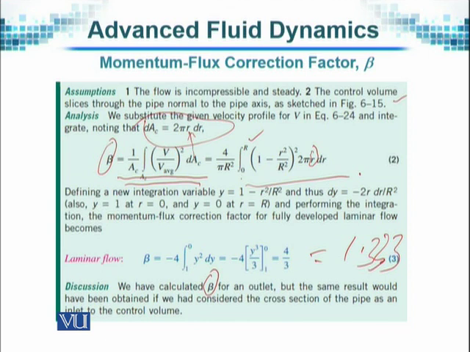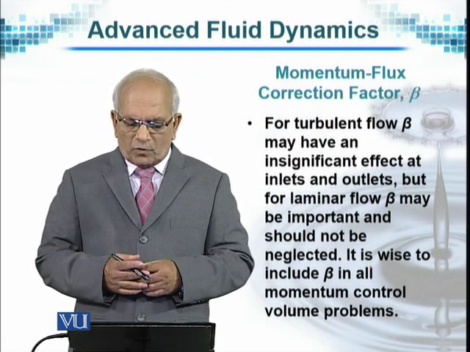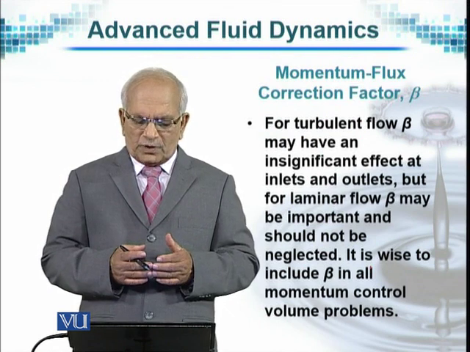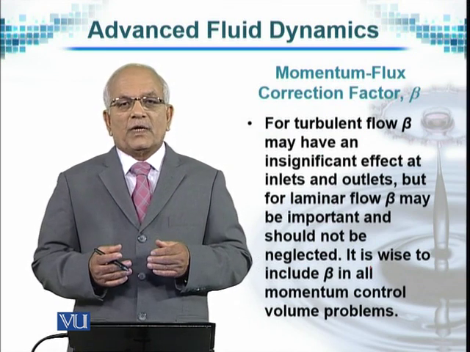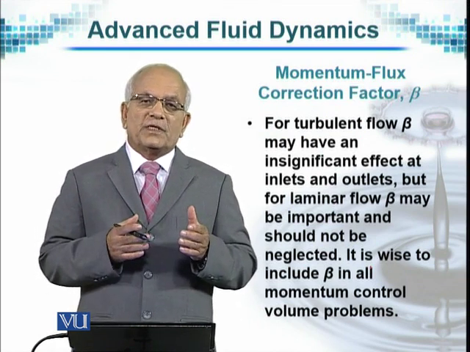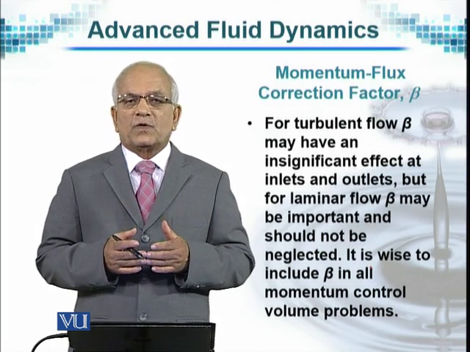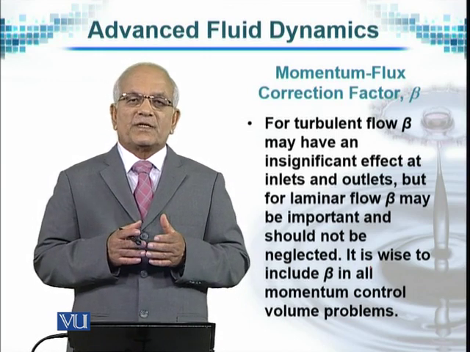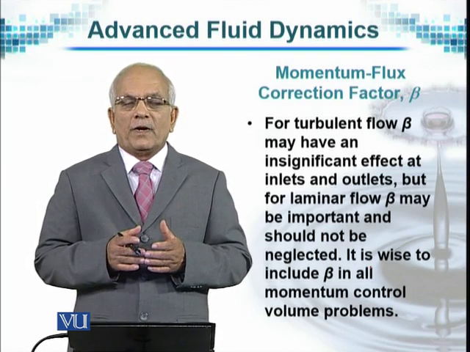It's not too complicated, reasonably simple. For turbulent flow, beta may have significant effects at inlets and outlets. But the turbulent flow situation differs from what we considered here, which was a laminar flow situation, where you saw that the value of beta was 1.33, that is 4/3.